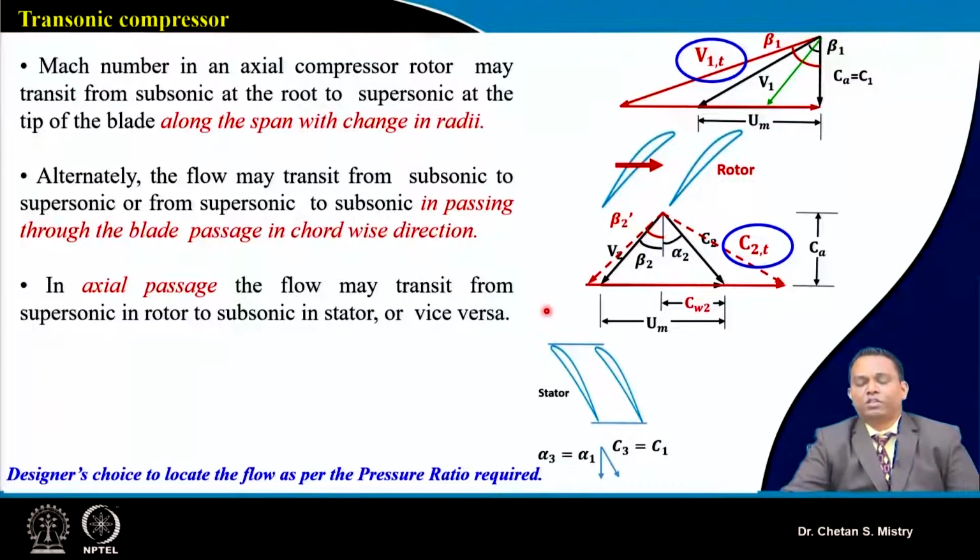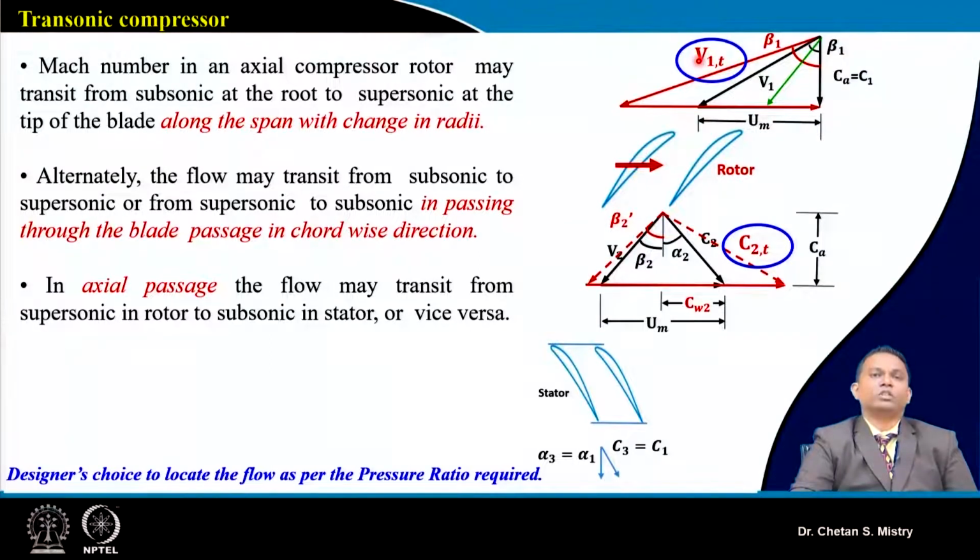Let's try to understand what we are discussing here. This is a representation of my flow going transonic at the entry of my rotor. Here we have the relative velocity component at the entry of the rotor going transonic.